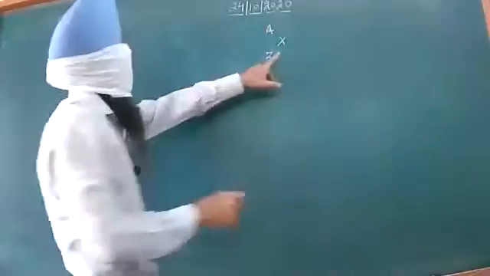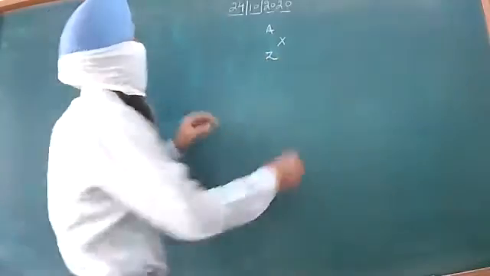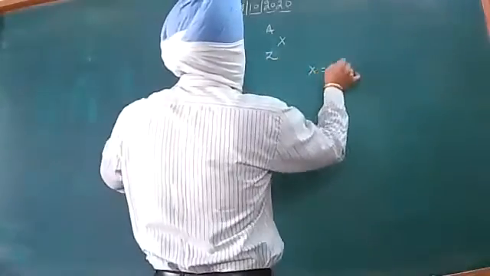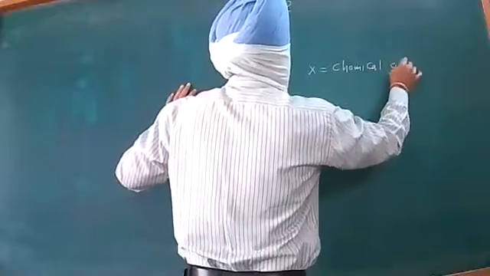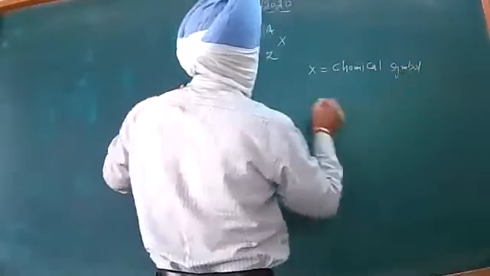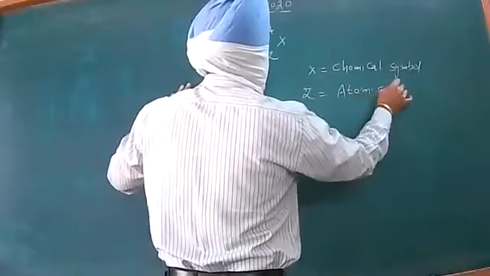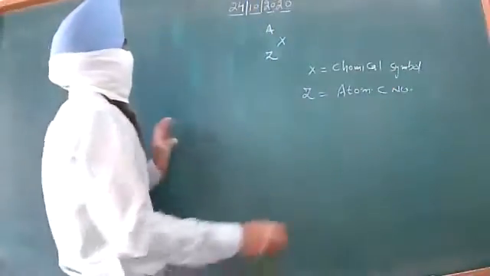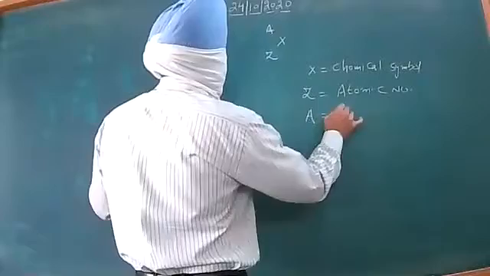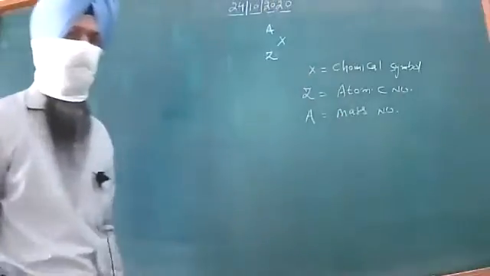Yes, previously we were having this concept of X, Z, A. Here X is going to be the chemical symbol, Z is the atomic number. We have completed this all. And A was our mass number.